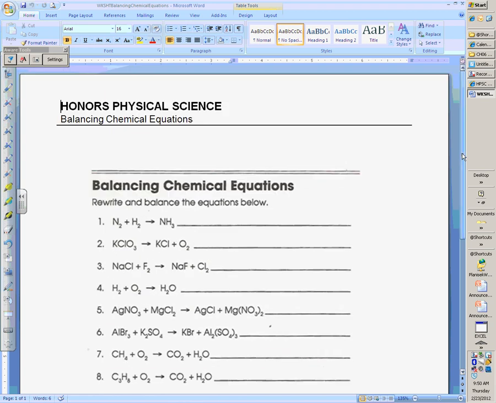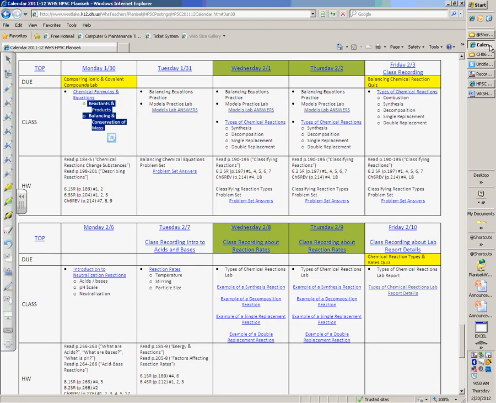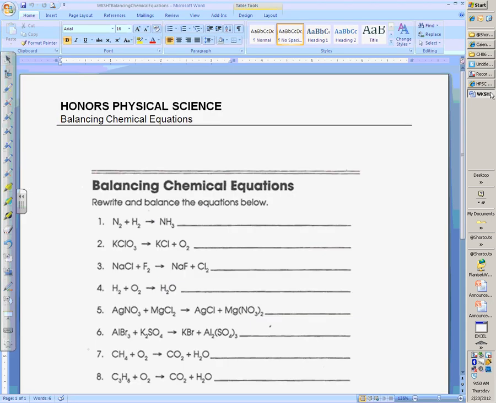So there's the first problem set that I gave you. It says balancing chemical equations on it. On the calendar, on Tuesday, January 31st, there's a link there that says problem set answers. That's where you'll find the answers to this. Okay? Good there?